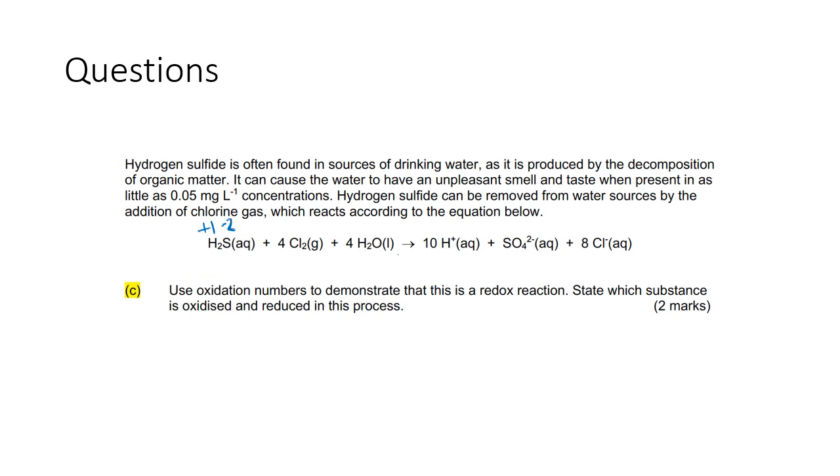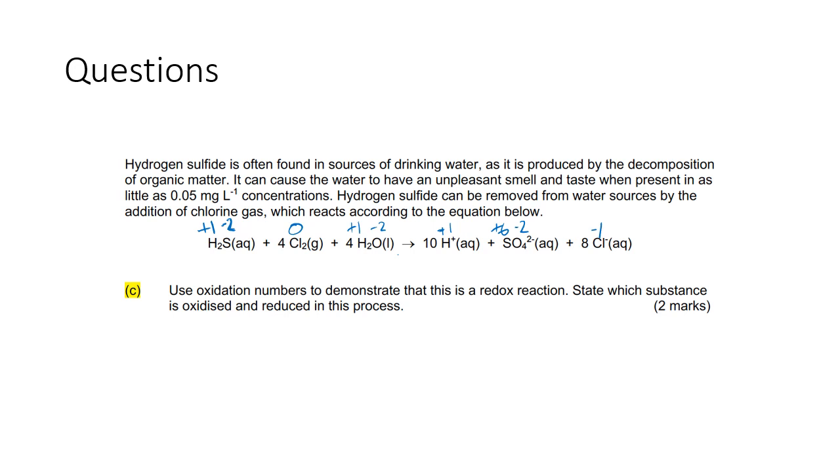Cl2, elemental state, 0. H2O, +1, -2. H+, monatomic ion, +1, it's its charge. The SO4 2-, we did that already, it was +6 and -2. And the Cl- monatomic ion, -1.